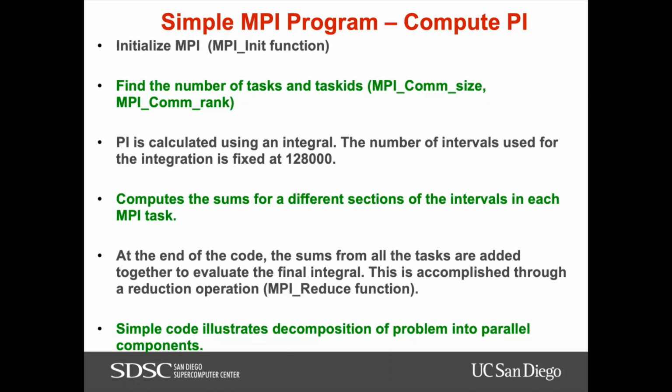So we'll start again with a simple program that computes pi, the same thing we were doing before. It finds the number of tasks and task IDs, calculates pi using the integral, and at the end of the code, you sum all of it using a collective reduction operation.